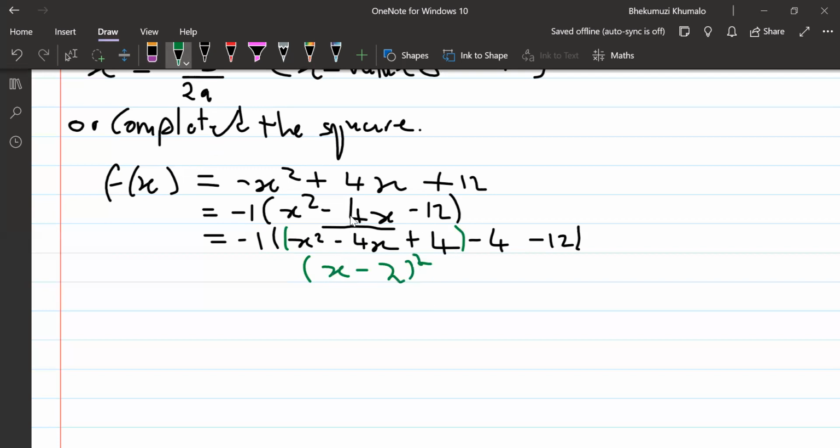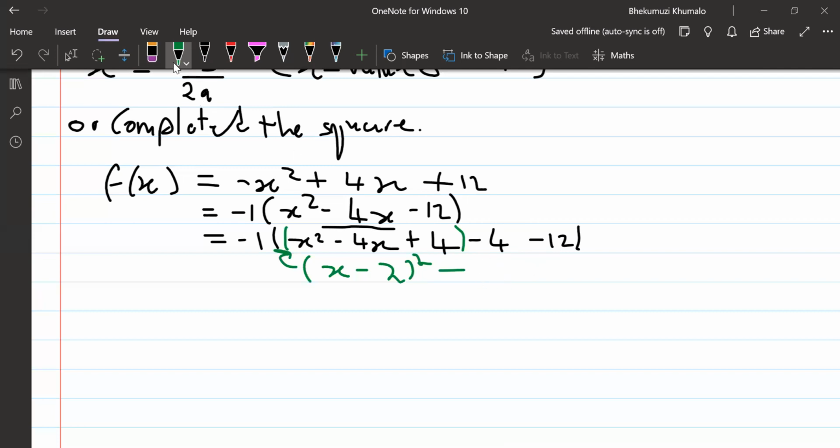When we talk about completing the square, we're trying to create an expression that says x minus something squared. And when we expand this x minus something squared, it gives us this part in the bracket, right? And then the other part, which is minus 4 minus 12, would be just minus 16.